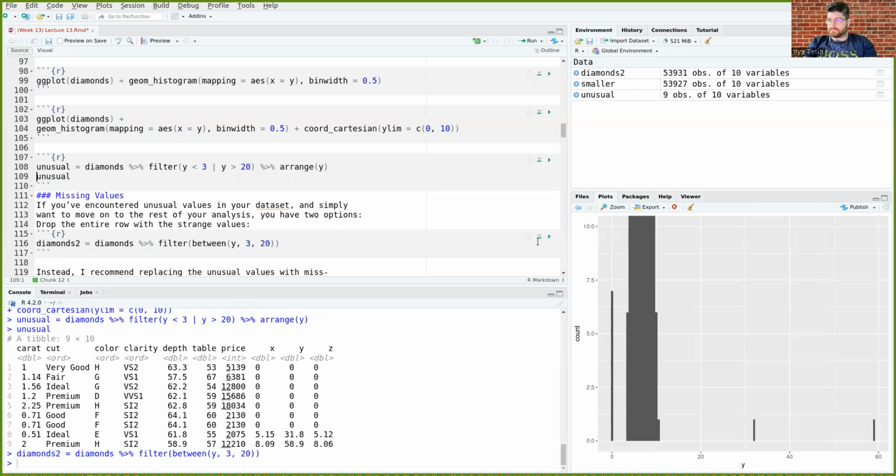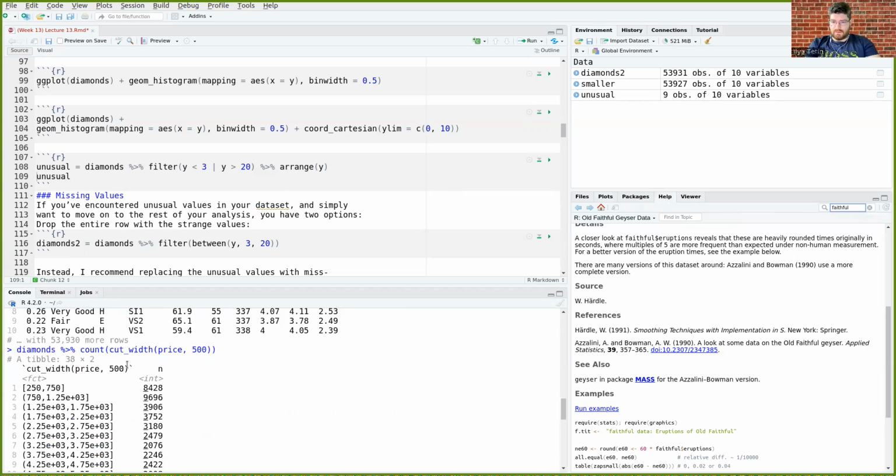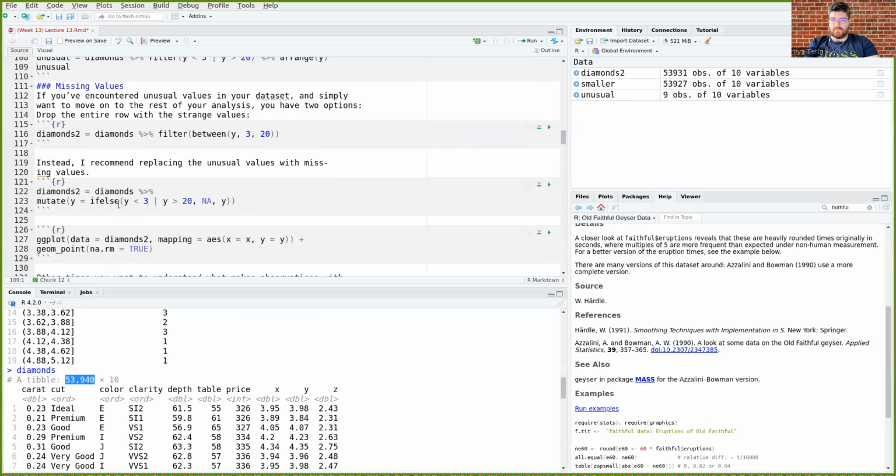Here on the right-hand side you can see the original diamonds data set with 53,940 observations, and we removed 9 observations.